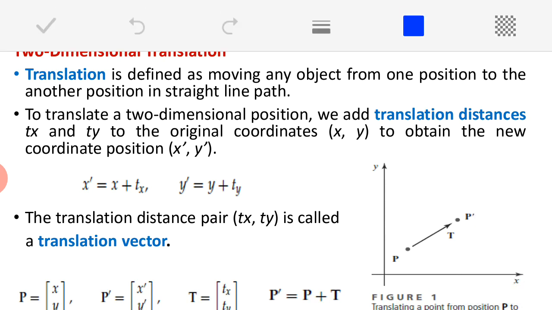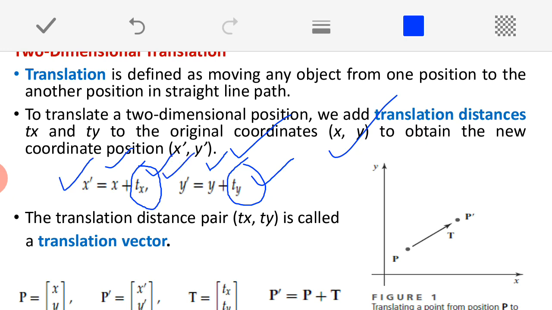Just have a look at the equations. If x comma y is my original position, to move that point to the new position x dash comma y dash, I am going to add translation distances, also called translation factors, Tx and Ty. For the x coordinate I add translation factor Tx, and for the y coordinate I add translation factor Ty, so that I get the new coordinate position x dash comma y dash where my point P has been moved.